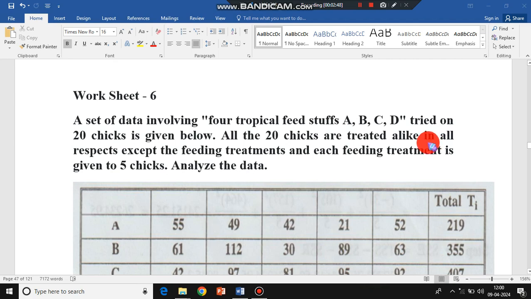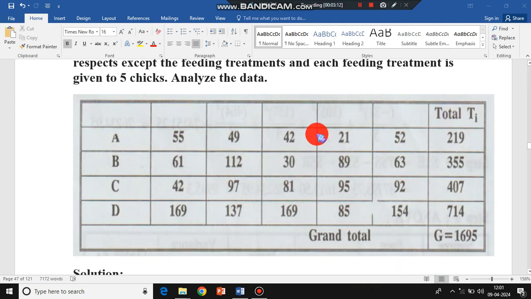This is worksheet 6. There are many worksheets in which I have taken many problems, and each worksheet solves the given problem by one way, two way or three ways. Now, a set of data involving 4 tropical feedstuffs, A, B, C, D, are tried on chicks, and the data is given here. What we have to do is analyze the data.